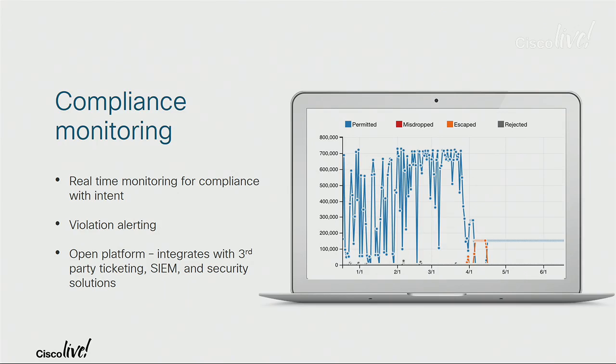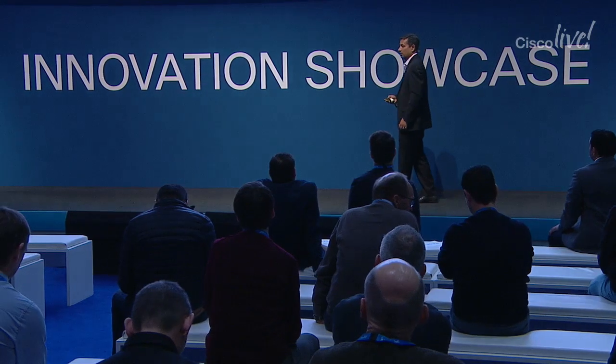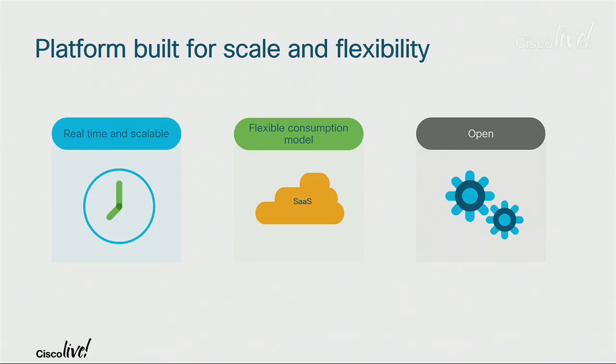As things happen, we track it in real time. We can also generate alerts that go to your SIEM, could go to your orchestration systems, go to your network, whatever you need to do to act on that. It's an open solution that allows us to, again, integrate with our products, but also our customers, partners, homegrown solutions.